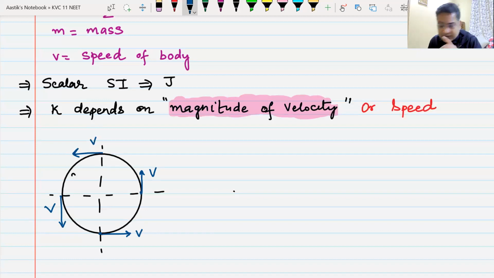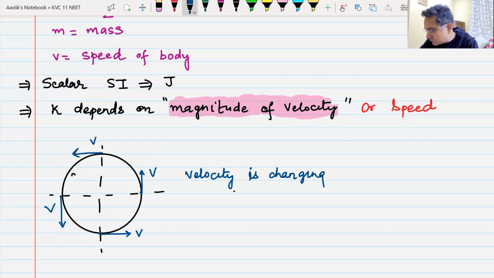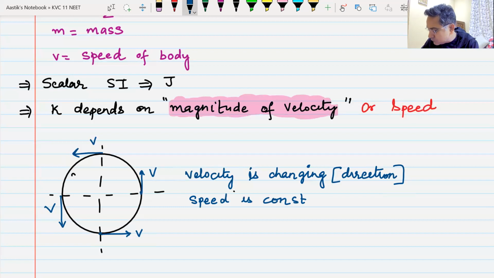As you can see, in this case, the velocity of the body is changing because it is changing in direction. The direction of velocity is changing, but speed, the magnitude of velocity, is constant. And therefore, kinetic energy is constant.